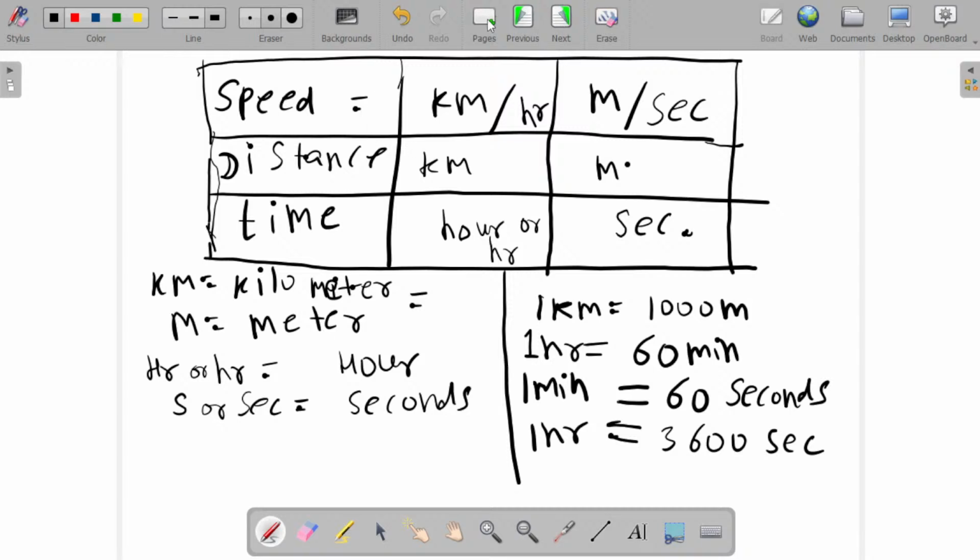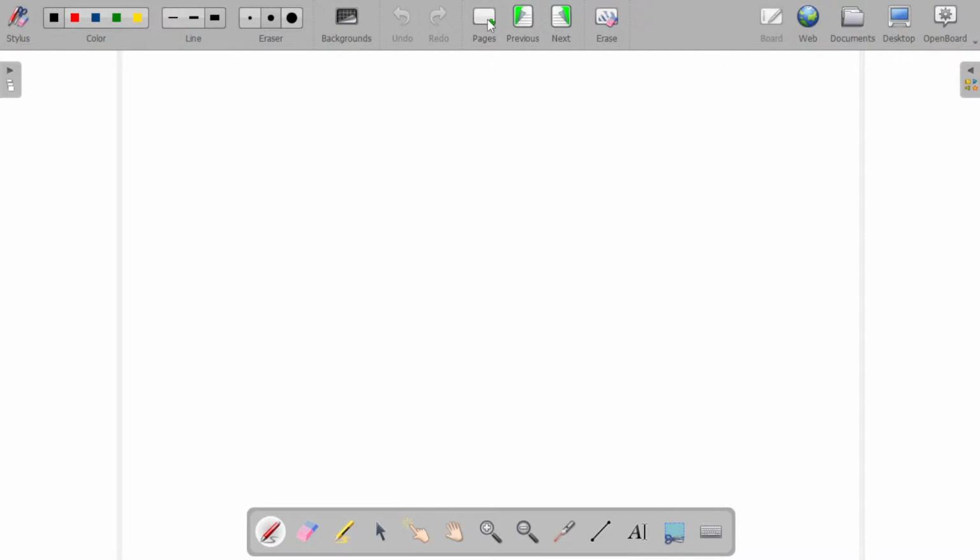Let's see our first question. It's given: 5 meter per second equals blank kilometer per hour. So here we have to write the solution. Let me solve this in another way.